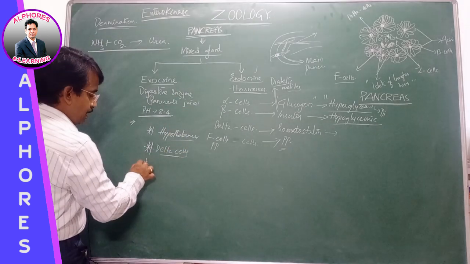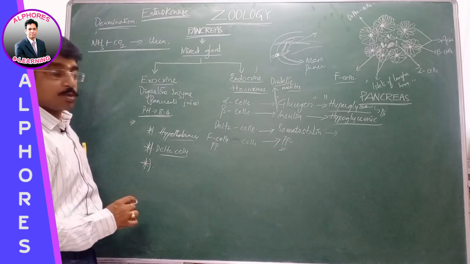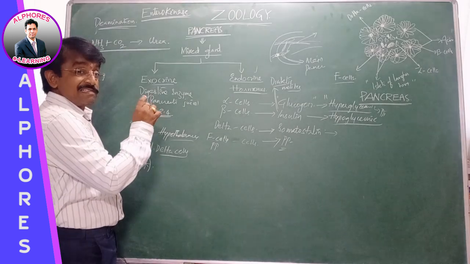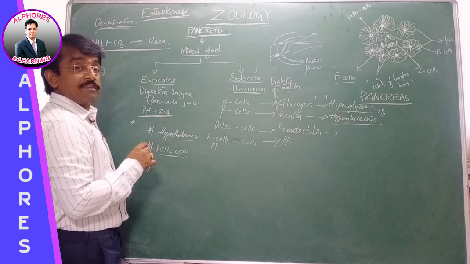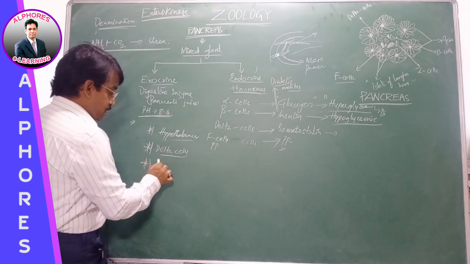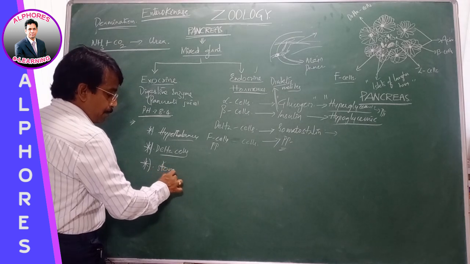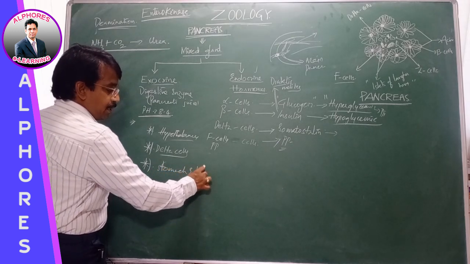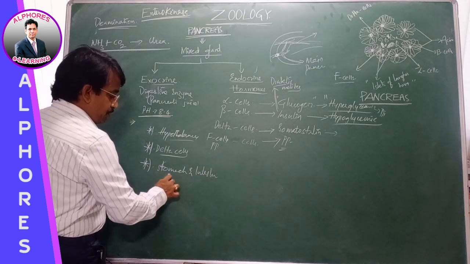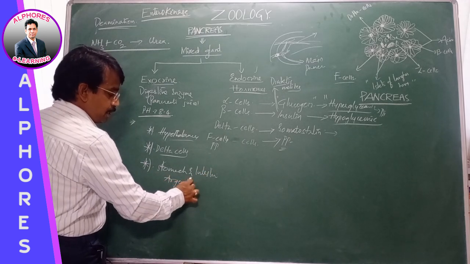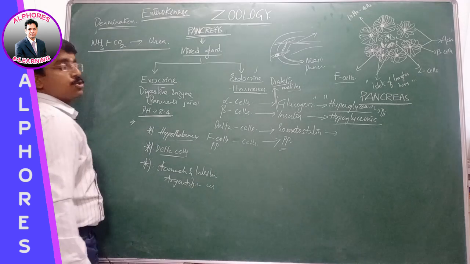The third, we have seen in the stomach and intestine, the argentaffin cells, which secrete somatostatin.